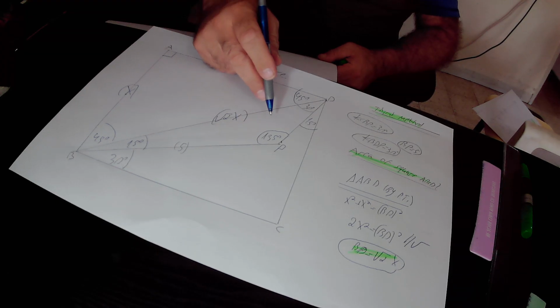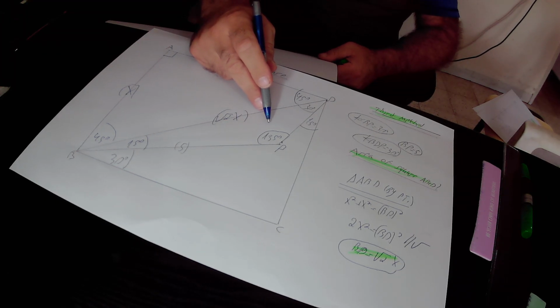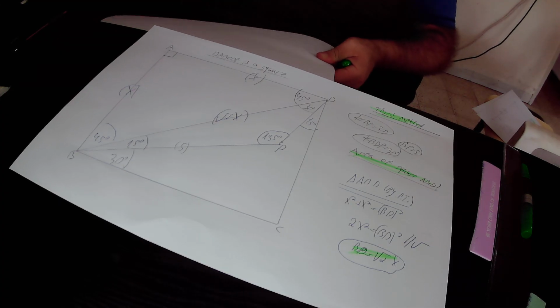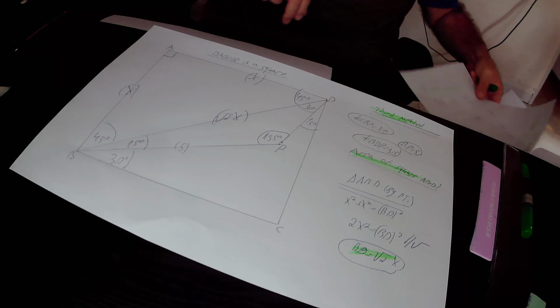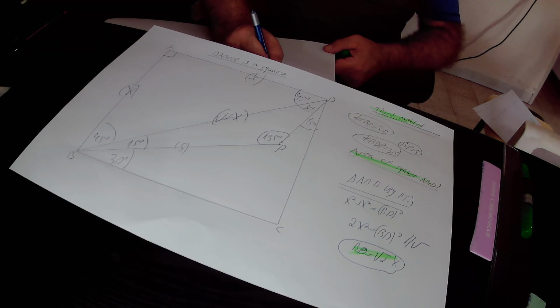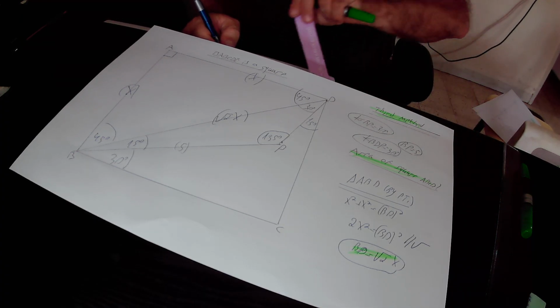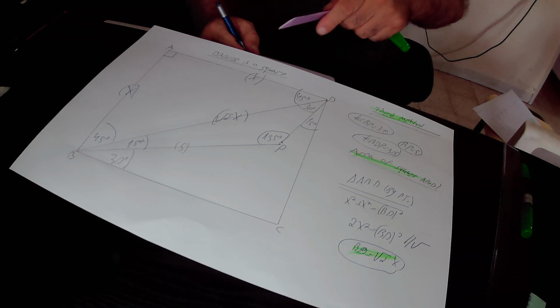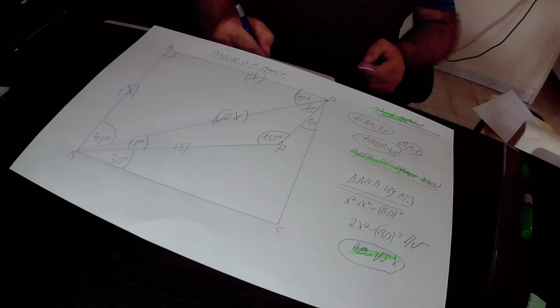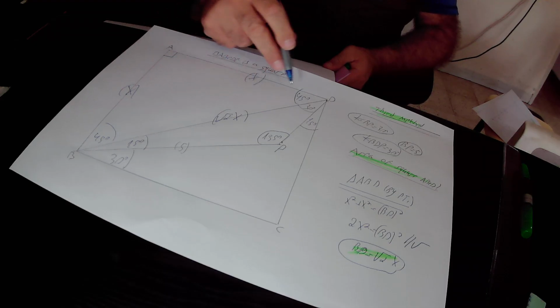Square root of 2 times x over sine 135 degrees is equal to 5 over sine 30 degrees.